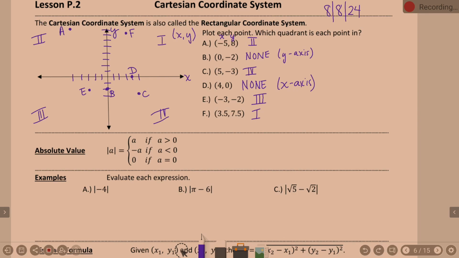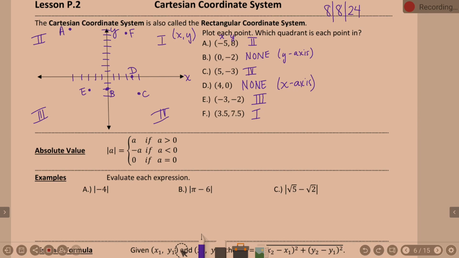If A is less than 0, so if that value in the absolute value is smaller than 0, then the absolute value is going to be equal to the opposite of it. Okay? And then if A is 0, the absolute value is 0.